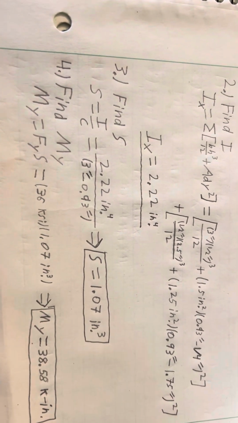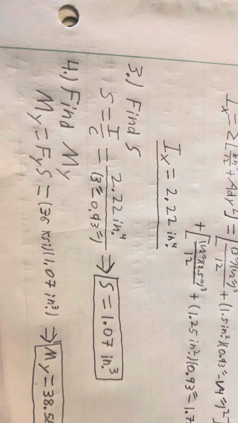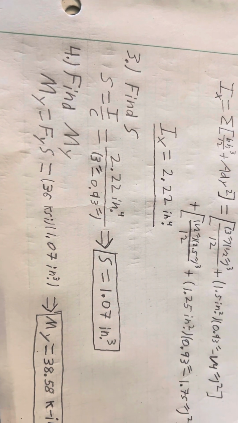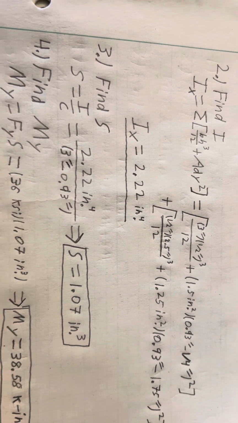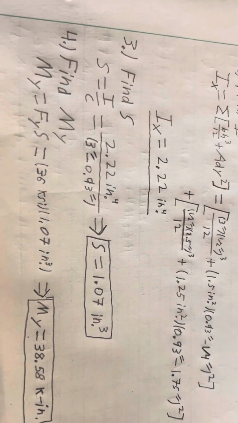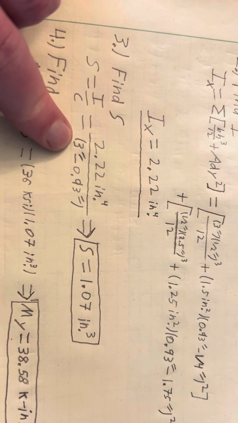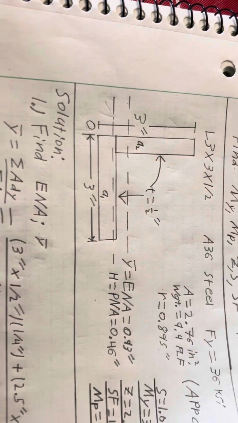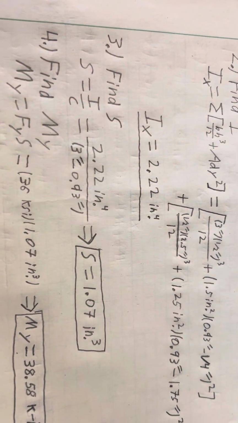Alright, so here's where we find our first section modulus. So this one is for the elastic, and it's labeled S. And we take this I that we just found, and we divide it by the c. Now what is the c? Well, the c is just the total height, which is 3 inches, and we're going to subtract off the y-bar from it.